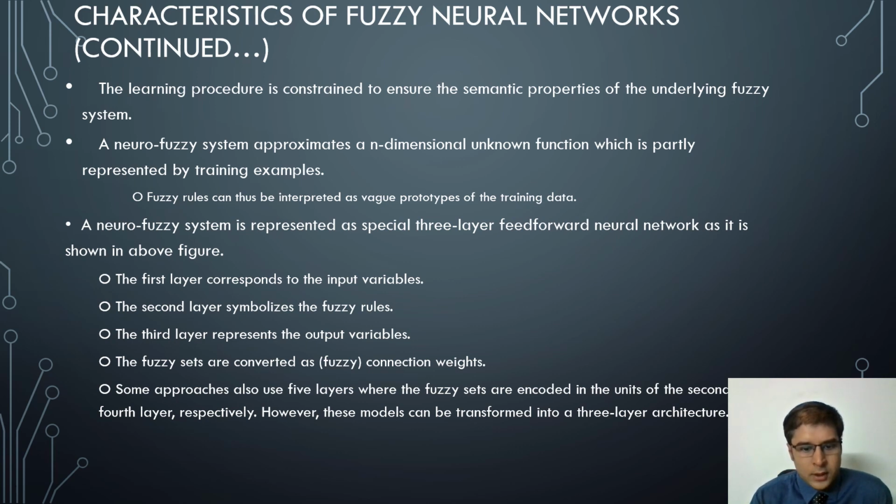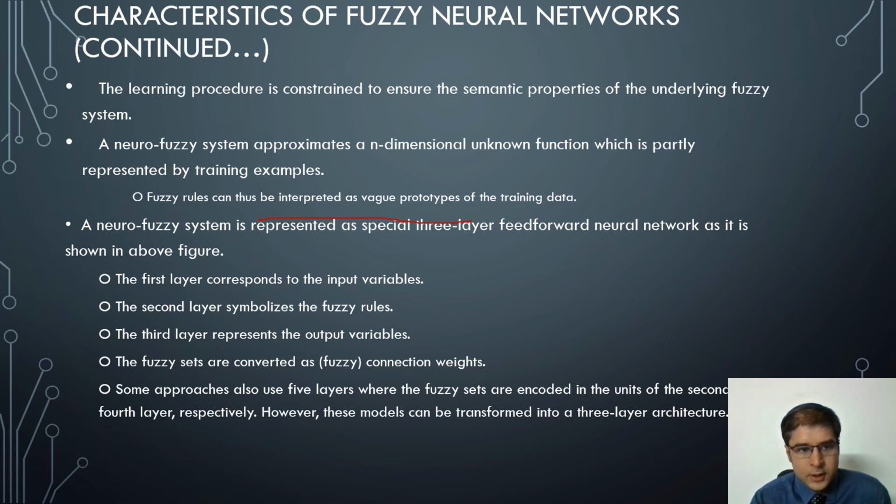So whatever training data we give to the network, fuzzy rules can be interpreted as vague prototypes of them, and a neuro-fuzzy system approximates an n-dimensional unknown function which is partly represented by training examples. So whatever training examples we give, the fuzzy system approximates an n-dimensional unknown function using them.